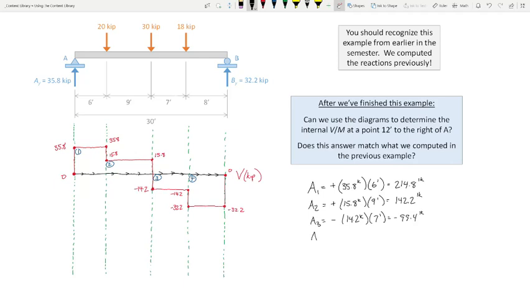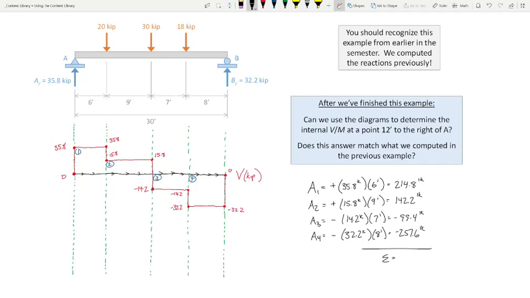And then area 4 is negative 32.2 times 8 feet. And what is that? 257.6. Sound good? Now, here's something you can do right now.